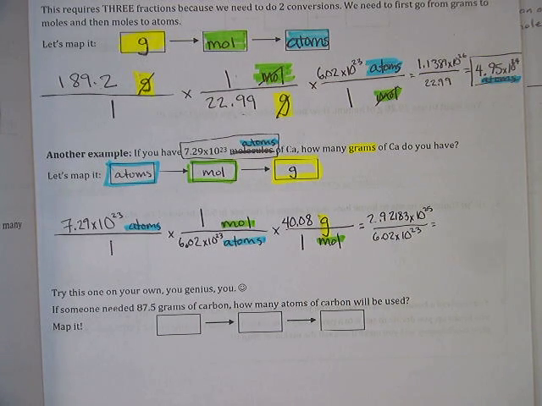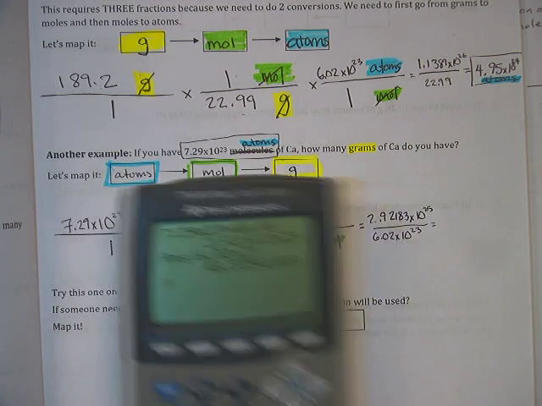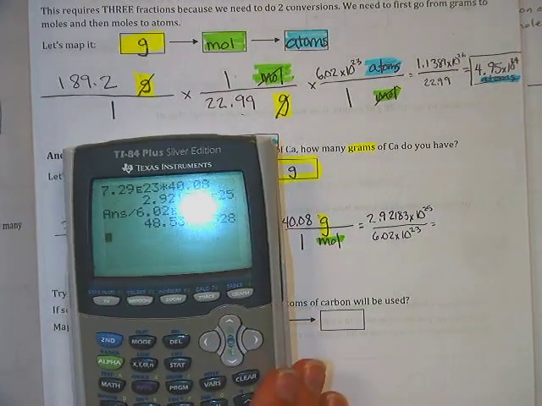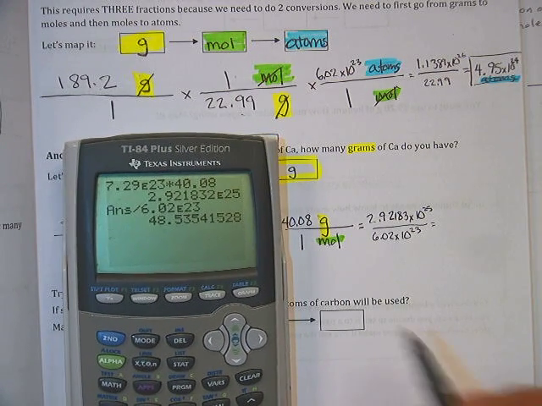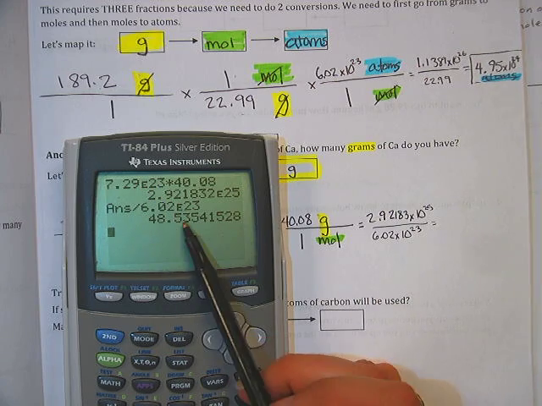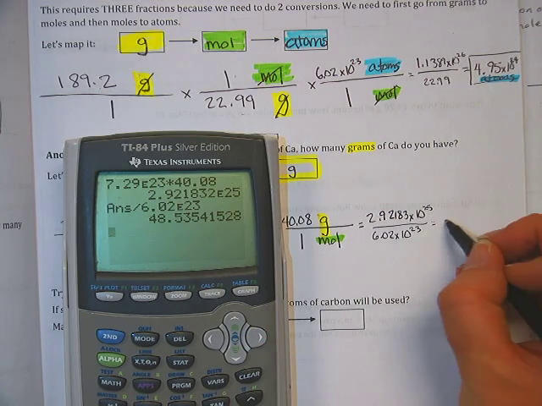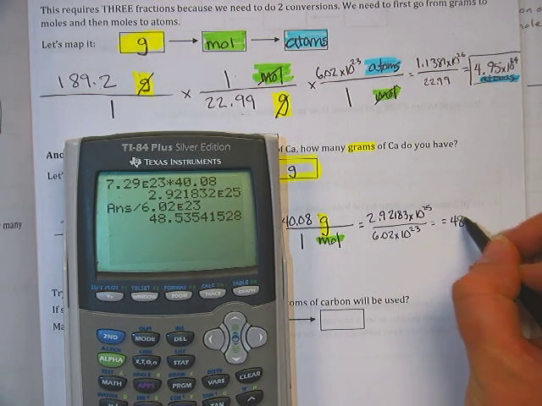When you put it in your calculator, make sure that you're typing it with the e's. If you're not, your calculator may give you the wrong exponent at the end. Make sure you're typing it with these e's for your exponents. Easy.